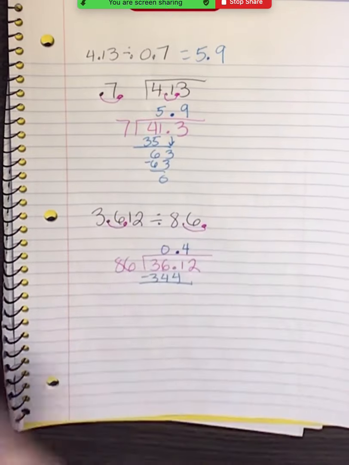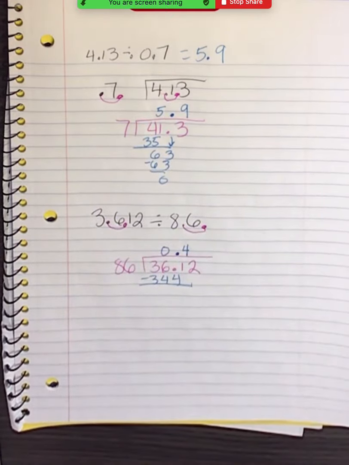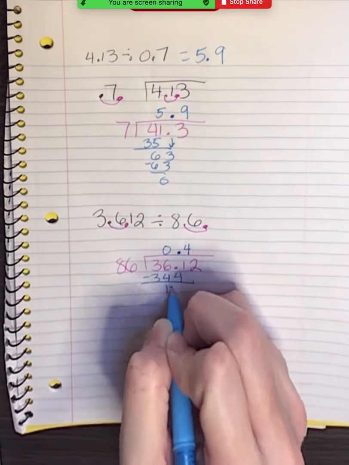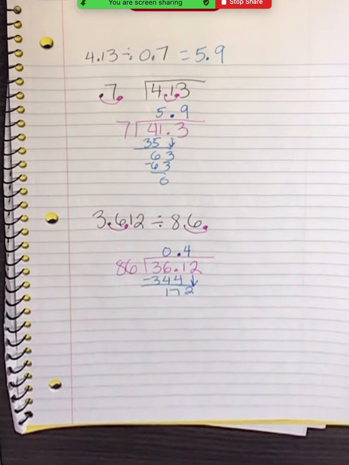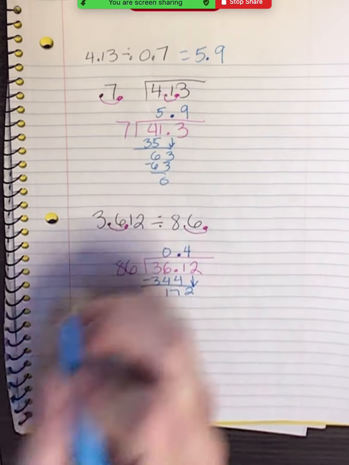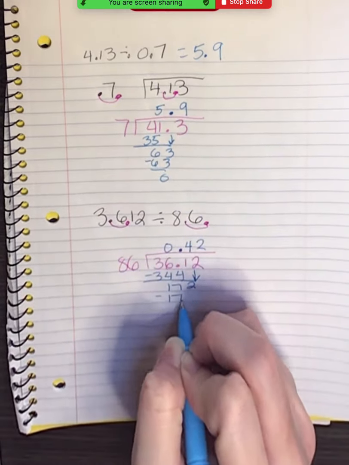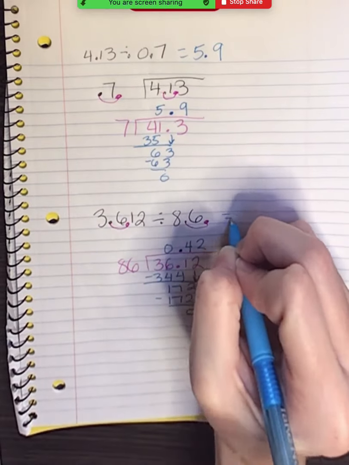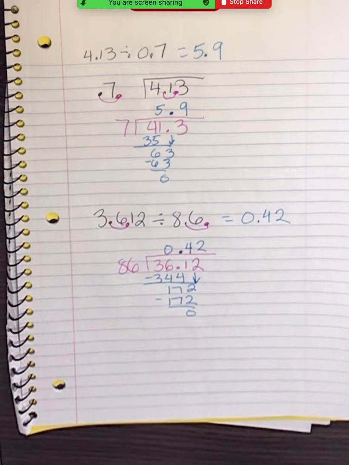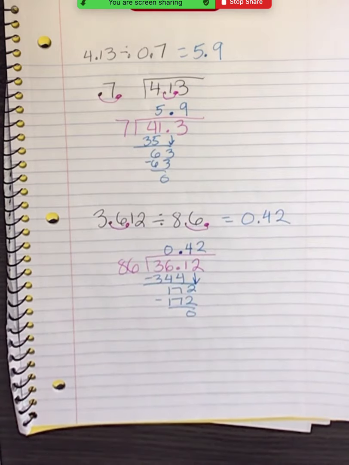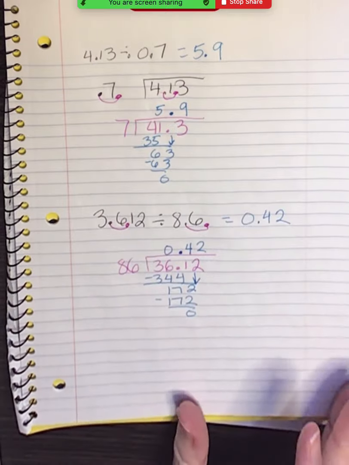Then we subtract and bring down the 2. 86 goes into 172 twice, and it goes in evenly. So we get 0.42 as our division. Okay, so that's dividing decimals.